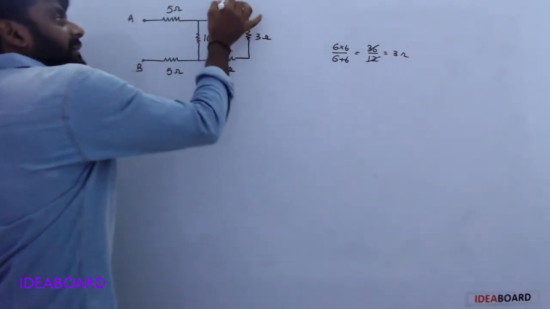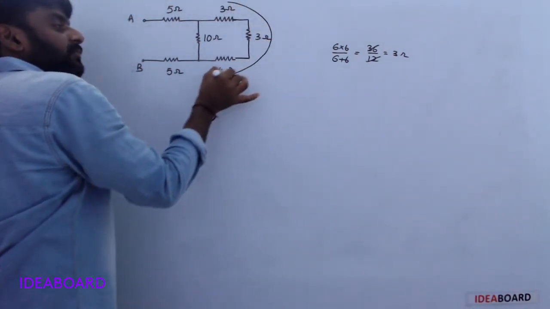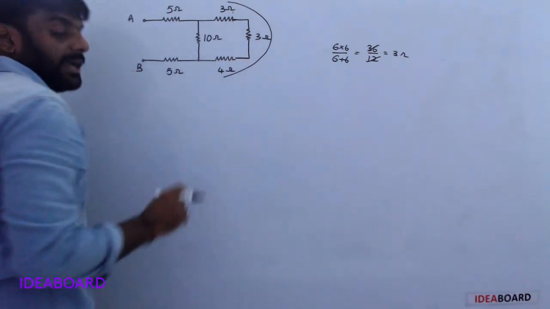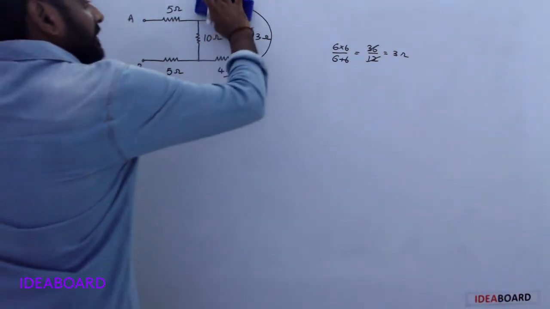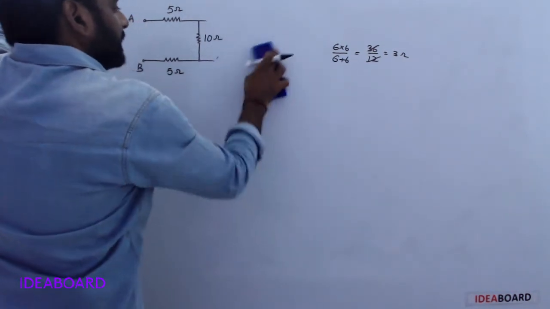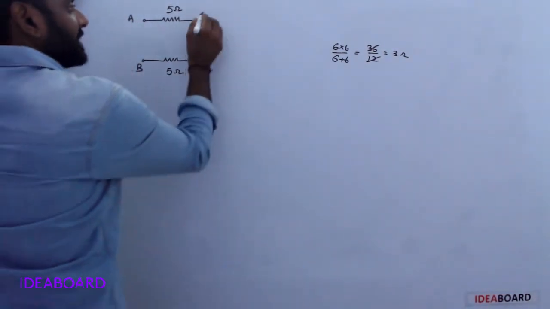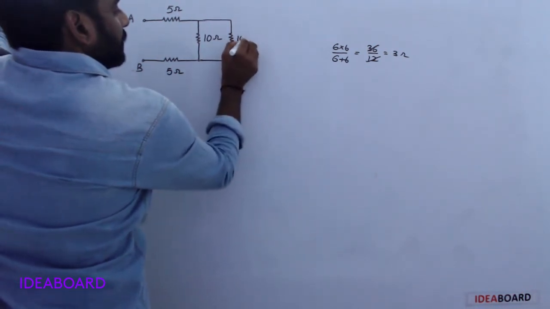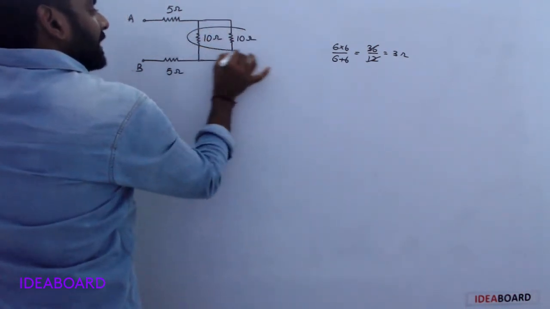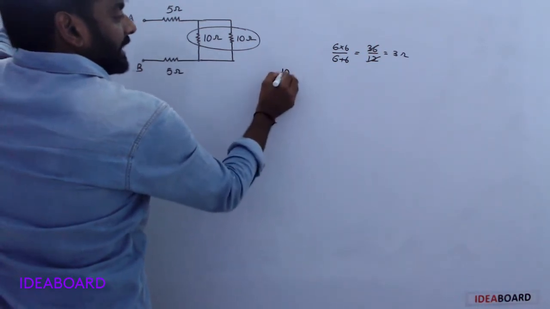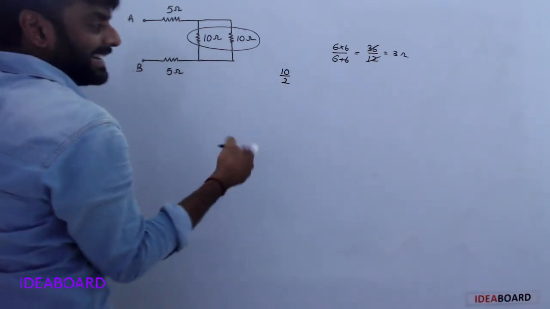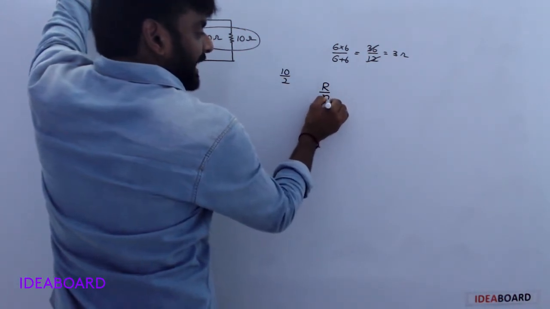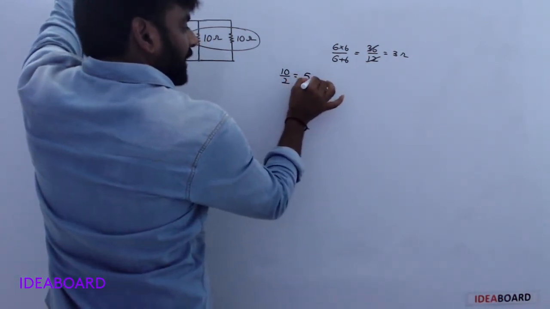Okay. Again, 3 plus 3 plus 4, series, 10. So this combination is 10. Now these two are in parallel. Identical resistors in parallel combination give R by N, so 10 by 2, 5 ohms.